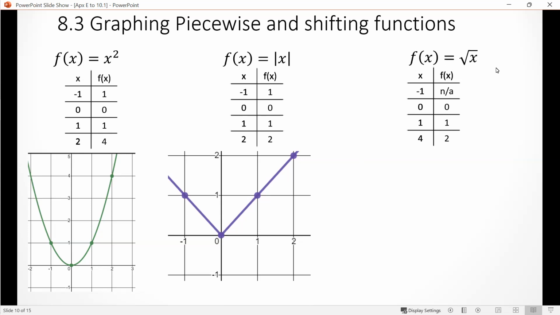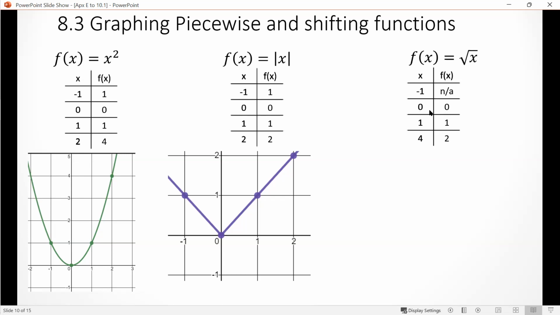For our radical function, if I use those same x values, I actually am not allowed to plug in x is -1, because we cannot take the square root of -1. So when looking at radical functions, it's important to pick an x value that is going to make the piece of the function inside the radical equal to 0, and that value is 0.